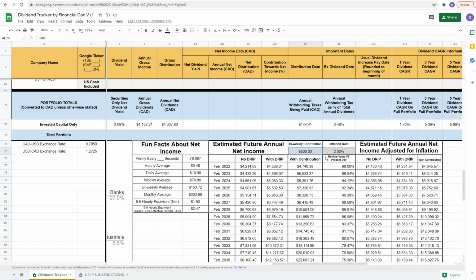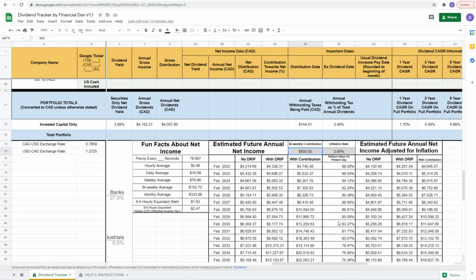And so the sheet will assume that whatever contribution amount you've indicated will be your contribution amount until the end of time, regardless of the inflation rate. Another thing to keep in mind about this chart is that it is just an estimate based on your current holdings, their weighting in your portfolio, and their historical performance. So these numbers could be very different based on a number of different variables that can't be seen. So just keep that in mind.